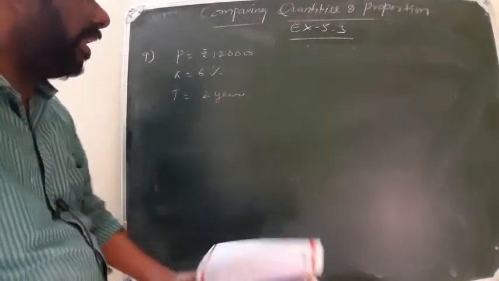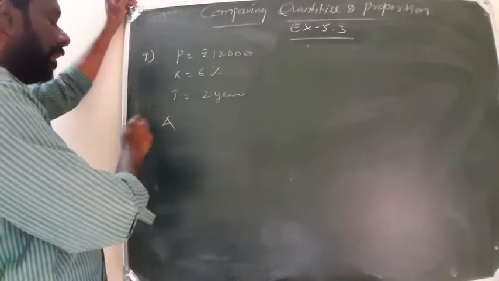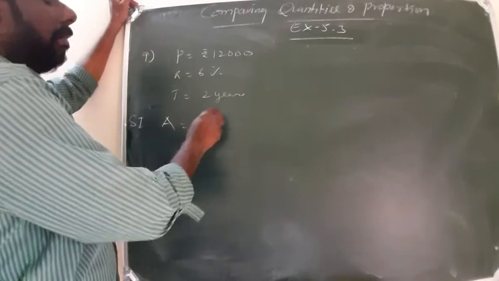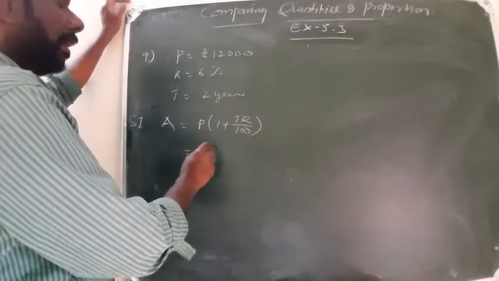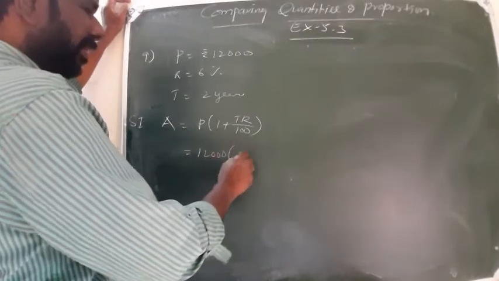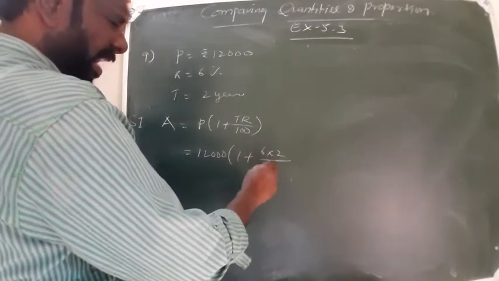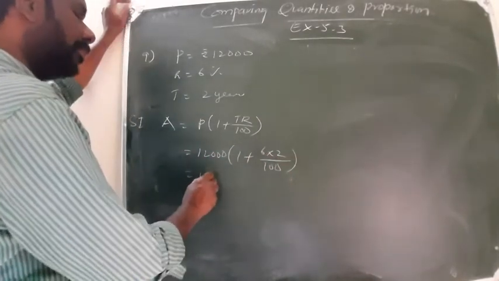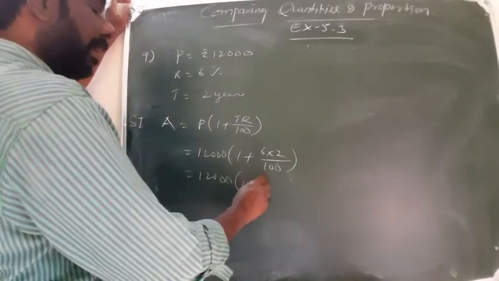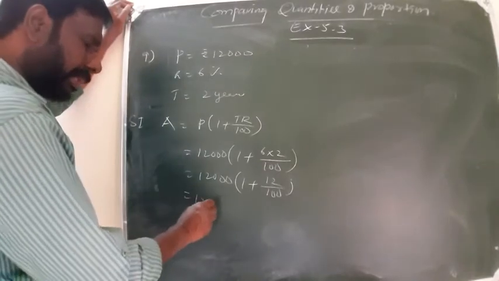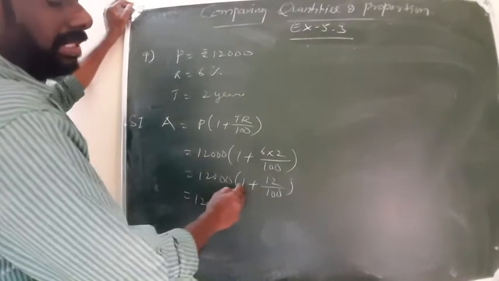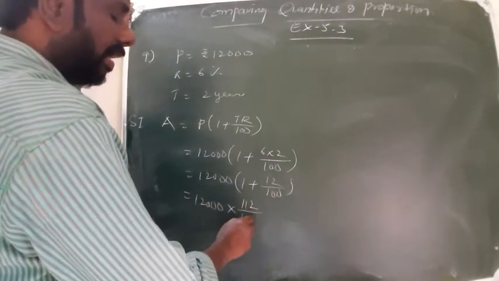So first you have to find the amount in simple interest form. P into 1 plus TR by 100. 12,000 into 1 plus 6 into 2 by 100. 6 2s are 12. 12,000 into 100 plus 12, 112 by 100.